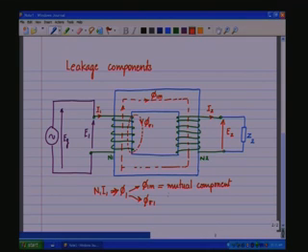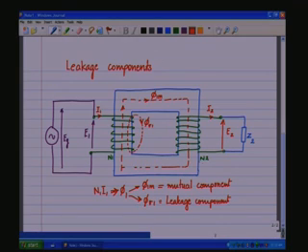Phi sigma 1 is called the leakage component, and this does not link with the secondary. Now, because there is a flux phi 1 m flowing through the secondary, there is going to be an induced EMF in the secondary, and that is going to be E2, and that is driving a current I2 through the load.